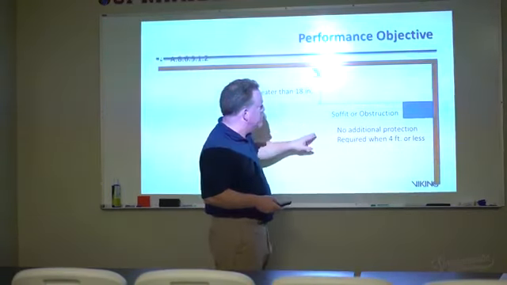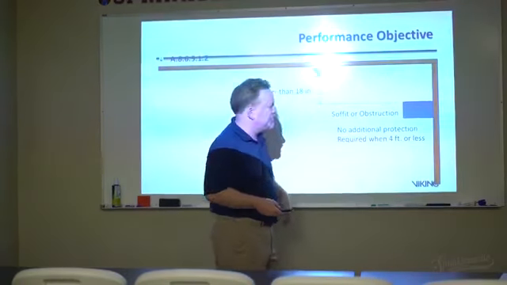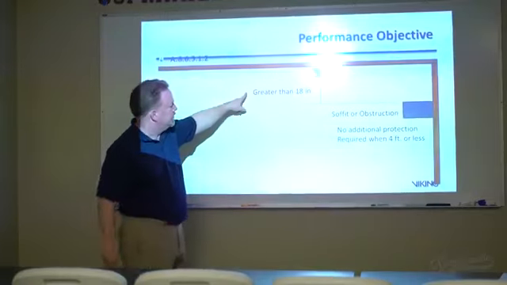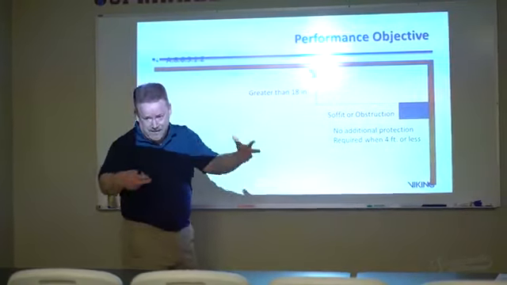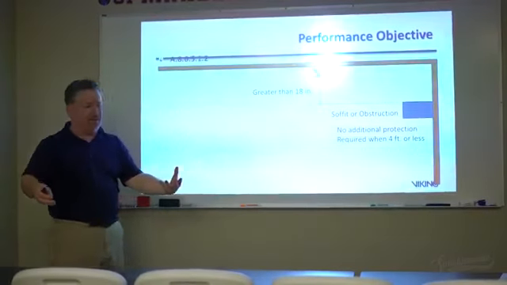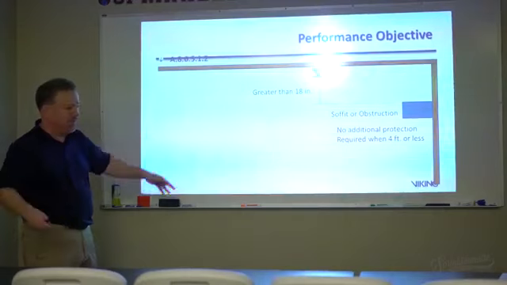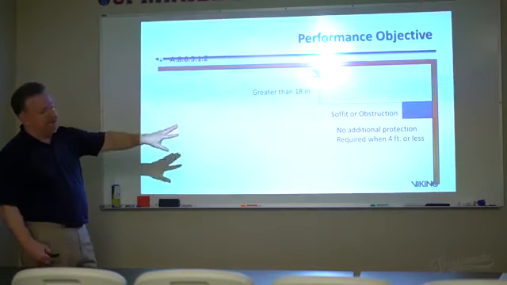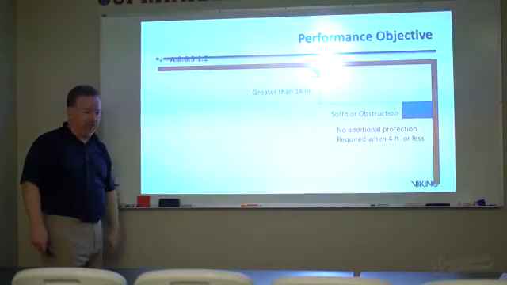For a soffit or obstruction, no additional protection is required as long as it's 4 feet or less off the wall. So greater than 18 inches down, 4 feet or less. What does that sound like? Sounds like that rule that said 48 inches below, you're more than 18 inches down. So you're not obstructing the spray pattern getting to the base of the fire as long as you're less than 4 feet wide.